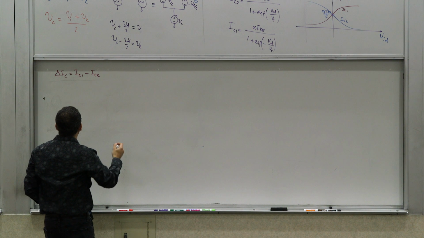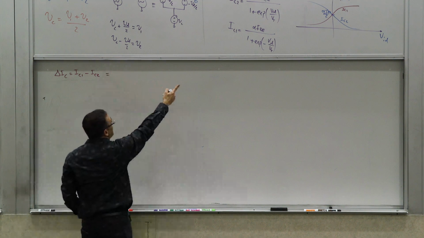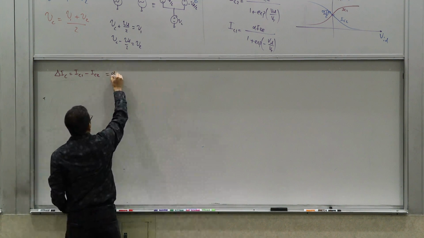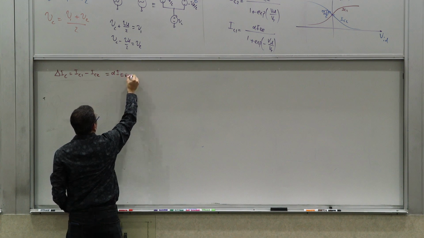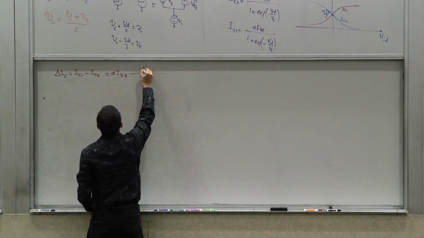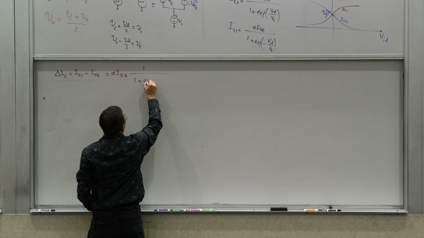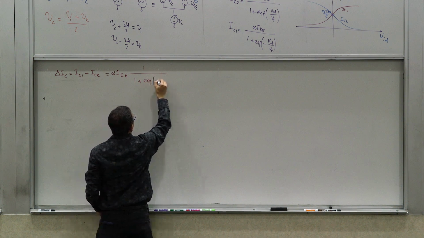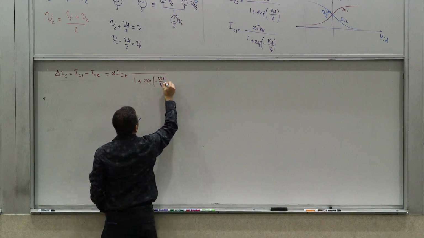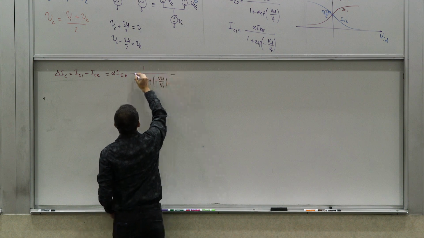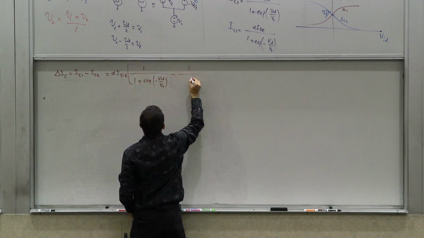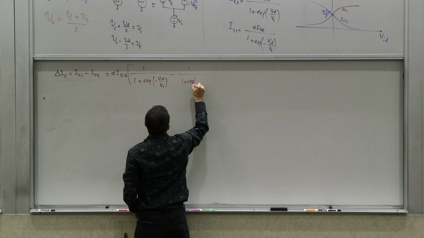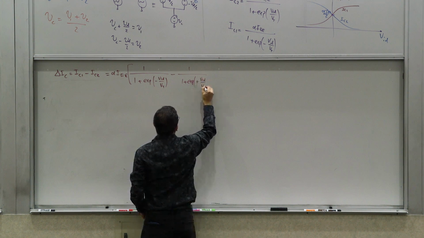So we need to do a little bit of algebra, right? So what we need to do, we take these two. We have a common part, alpha IEE. So what you have is 1 over 1 plus e to the negative VID over VT minus 1 over 1 plus e to the positive VID over VT.